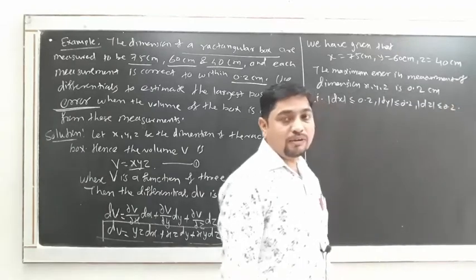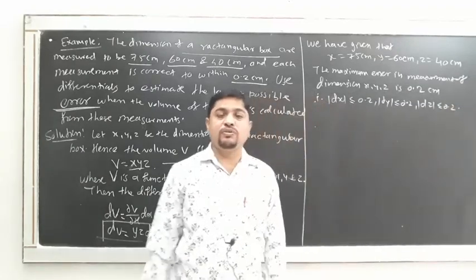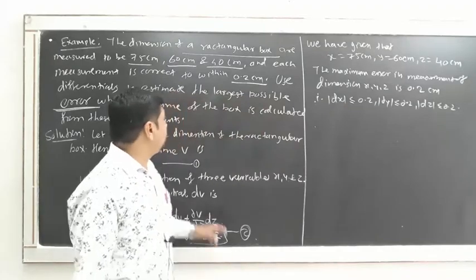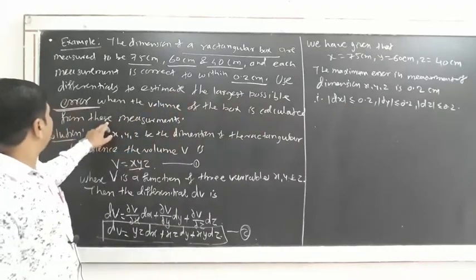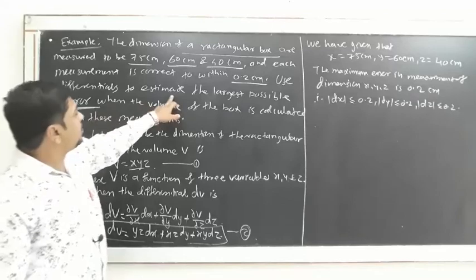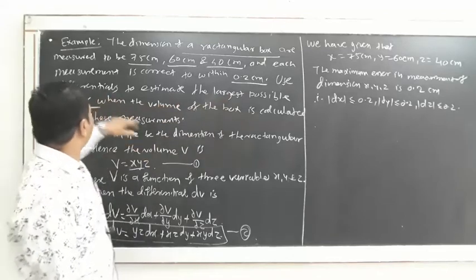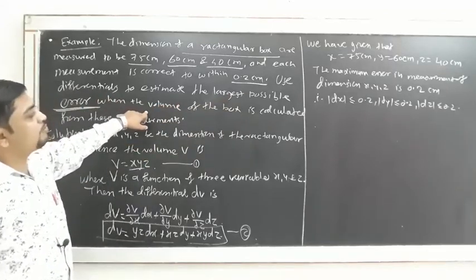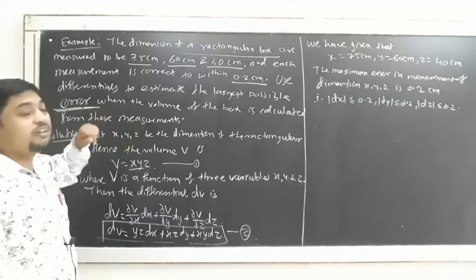That means the error may be less, but what is the maximum error? We have to estimate the largest possible error when the volume of the box is calculated from this measurement.